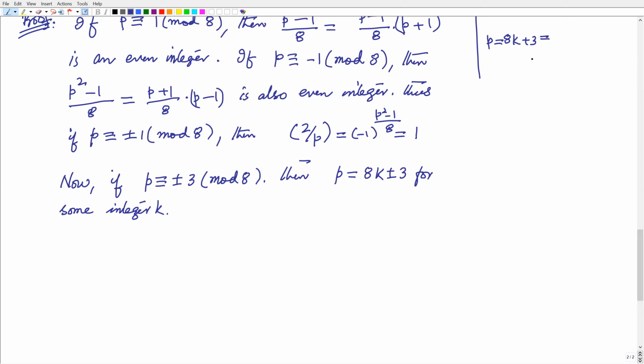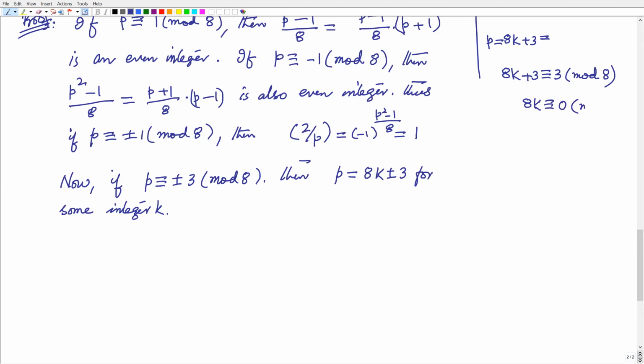then we can write 8k minus 3 is congruent to plus 3 modulo 8, because 8k is divisible by 8.